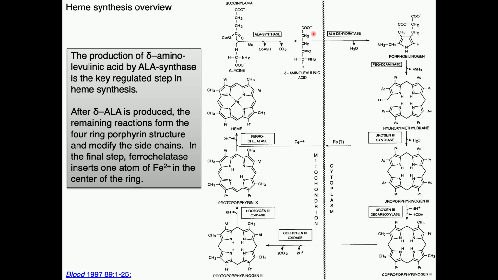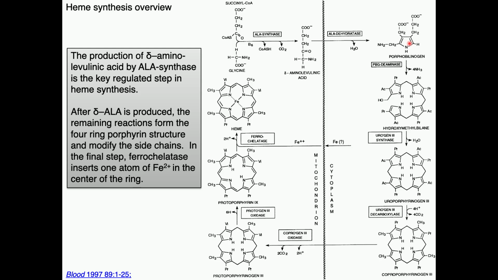Okay, so the aminolevulinic acid, this then goes into the mitochondria, and it's a substrate for aminolevulinic acid dehydratase, and the dehydratase enzyme takes 2 aminolevulinic acids and condenses them together to make the first pyrrole ring structure, this ring structure.